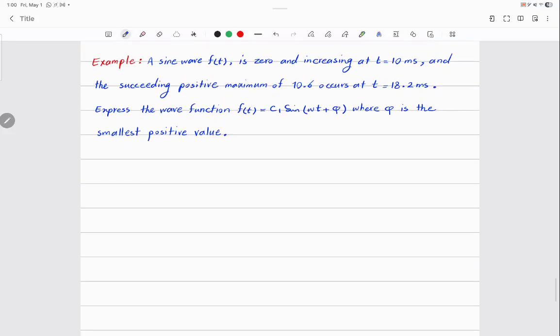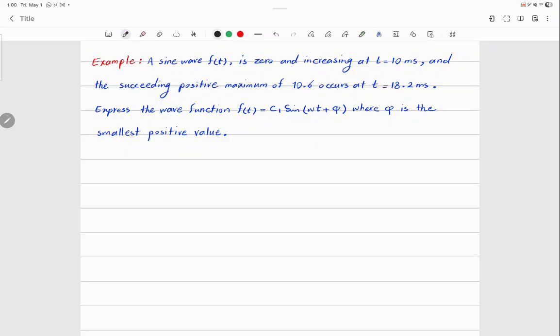Example. A sine wave is 0 and increasing at t equals 10 millisecond, and the succeeding positive maximum of 10.6 occurs at t equals 18.2 millisecond.